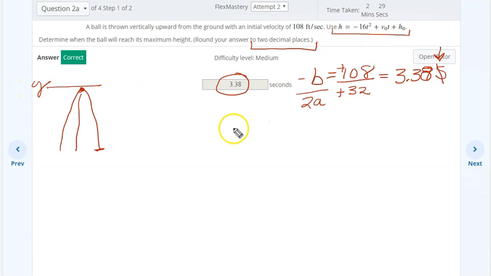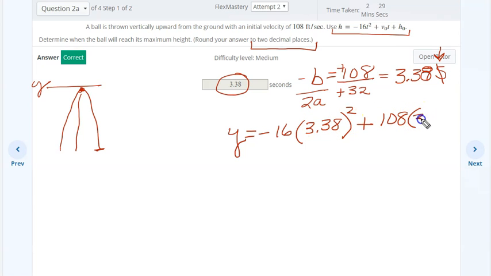So we find a y value by going y equals negative 16. Now we know our t is going to be this, 3.38, that we're going to square, plus, now it's going to be 108, times t, 3.38.